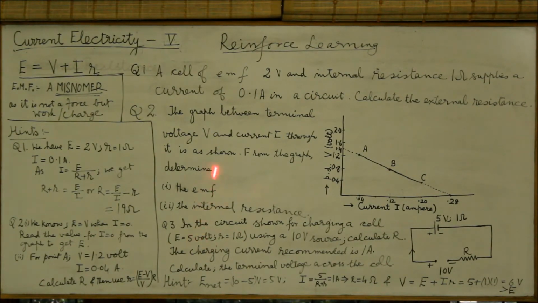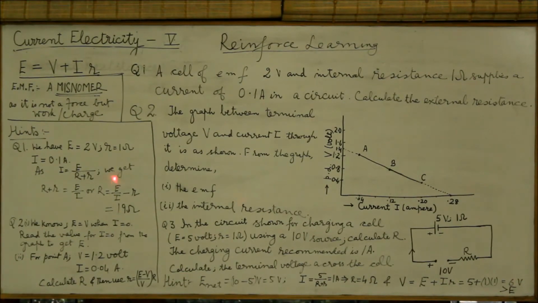Question number 2. The graph between terminal voltage V and current I through the cell is as shown. From the graph, determine the EMF of the cell, the internal resistance. We have current plotted along x-axis and terminal voltage or potential difference across y-axis.